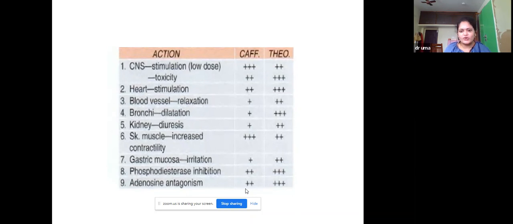A very important point is that the skeletal muscle contractility produced by caffeine is more than that of theophylline. This is a commonly asked question. Caffeine produces more increased contractility than theophylline. In the gastric mucosa, they cause irritation, and they produce phosphodiesterase inhibition and adenosine antagonism.